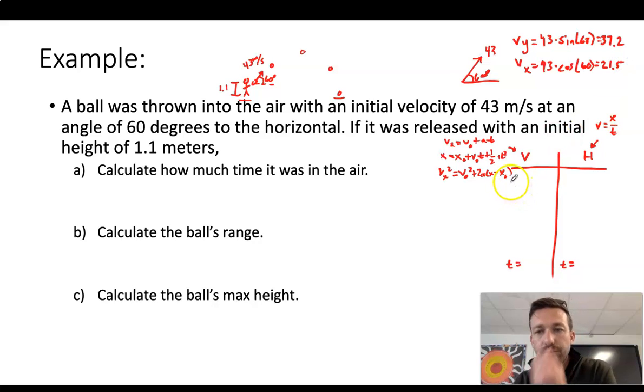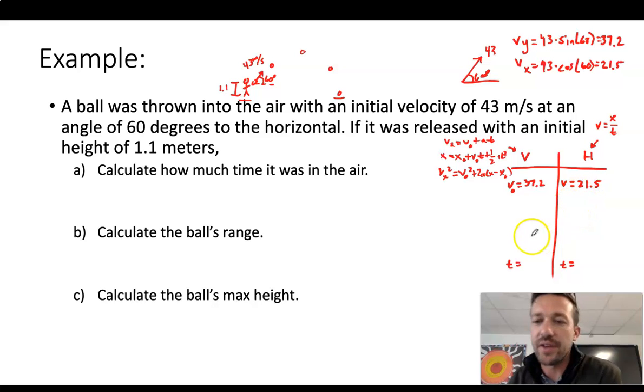I know those now. My initial velocity vertically was 37.2. And my initial velocity, or its only velocity, it's not even an initial because it never changes, right? It's always 21.5 because horizontally it doesn't change its velocity. There's nothing accelerating or decelerating it.